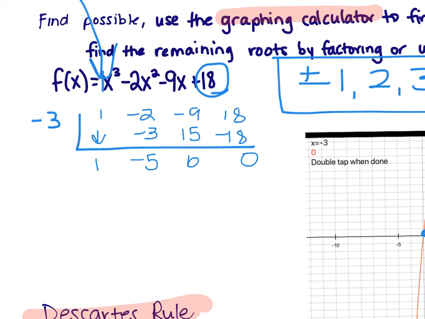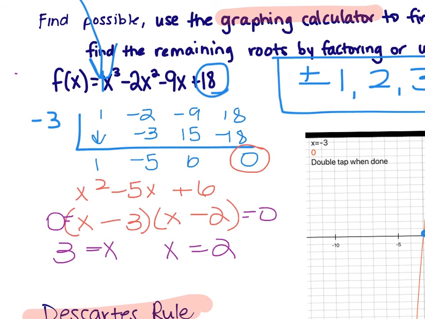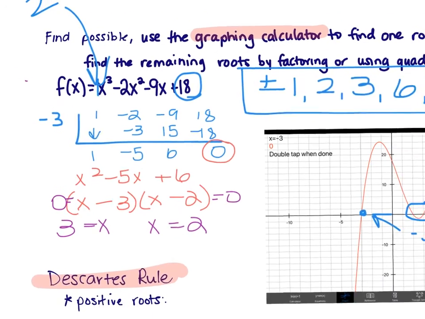Had I not got 0, I would have known I did something wrong with my graph. But this is here. I'll get to this function, which is actually factorable, -3 and -2, and solve it. If it was not factorable, I would use the quadratic formula or the even root property to find the zeros.